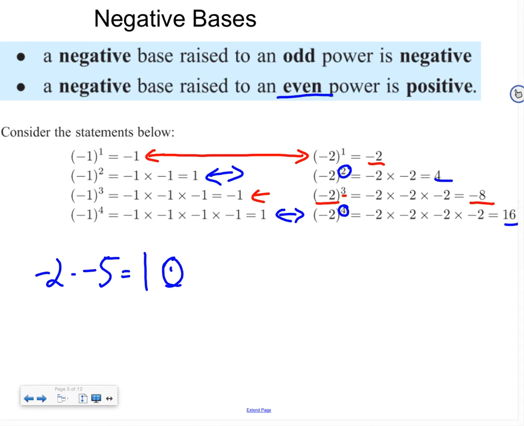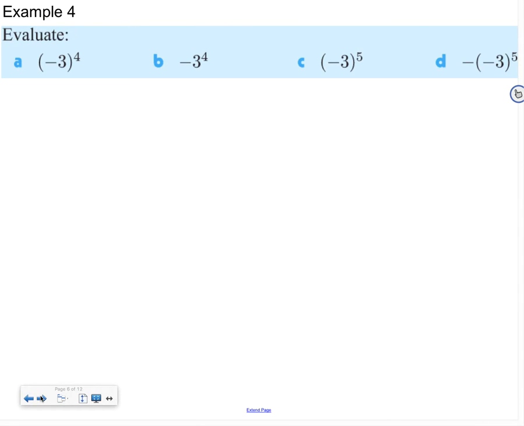Okay, so our next one, look at these. If we have negative 3 to the fourth, well, I know that 3 to the fourth is equal to 81. So negative 3 to the fourth is going to be equal to 81. It doesn't change whether it's negative 3 or 3 to the fourth because we have an even index here.